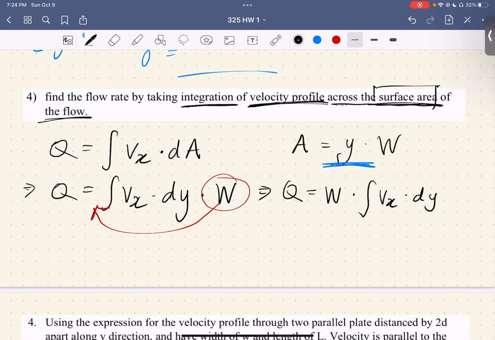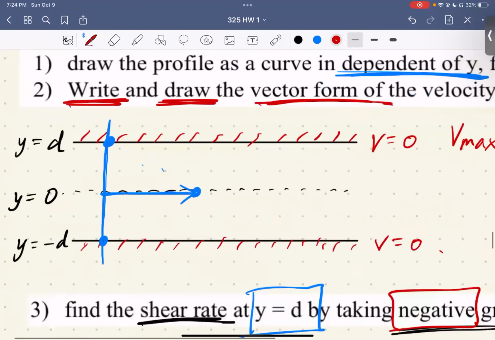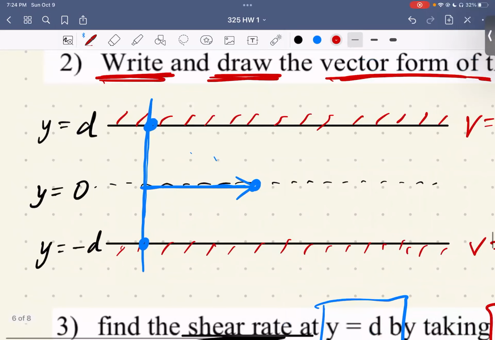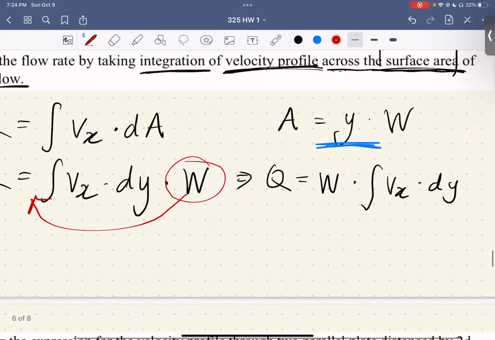Great. So now we need to take the integration of the velocity profile, and we have dy. What does that mean? It means for the bounds of our integration, we need to consider the y. And ultimately, we have it right here. It's negative d to d. So as you can see, you do actually have all the things you need in the question.